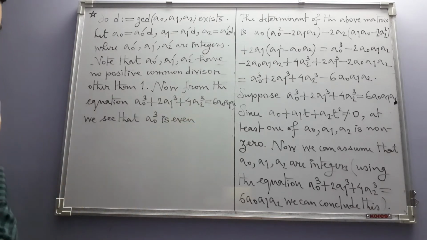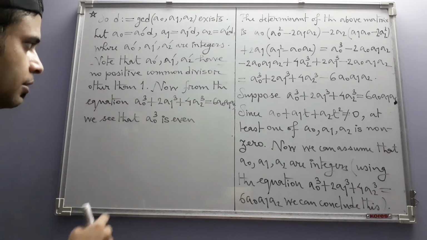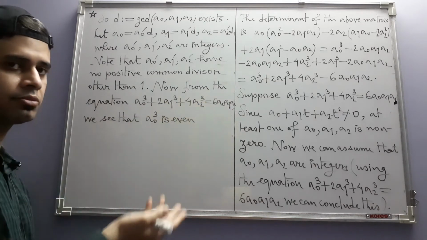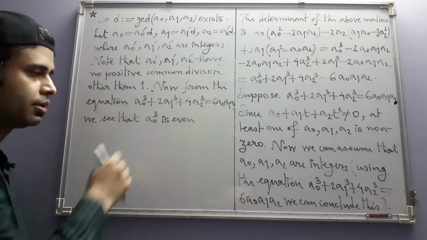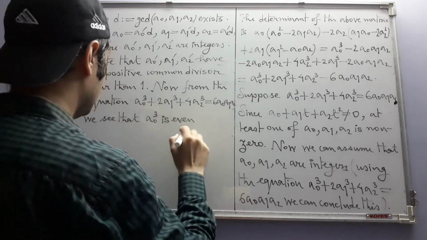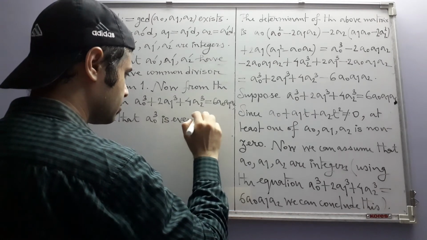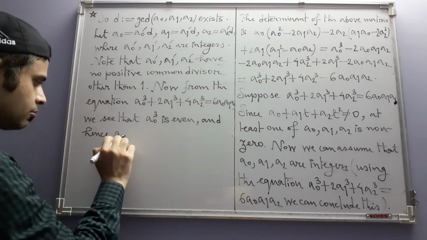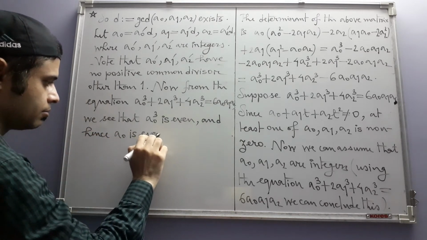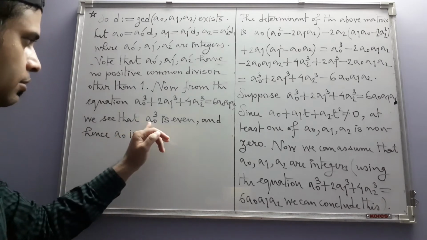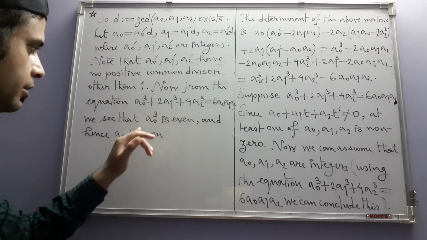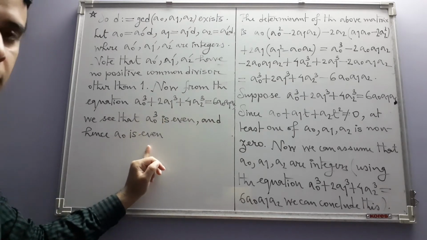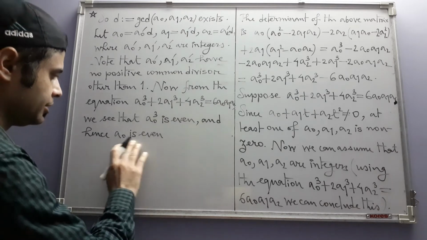It's an integer, so as an integer it's either even or odd, but a0 cube is this minus this minus this, each one of them is even, so the linear combination is also even, and hence a0 is even.